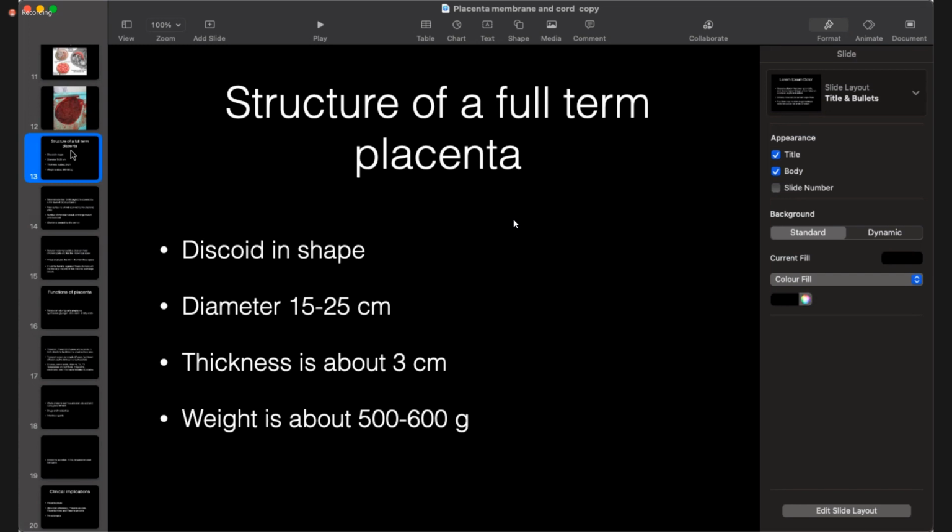If this happens, it remains a high resistance system. This high resistance system will release lots of chemical agents, chemokines, endothelins, and various things into the blood, and the mother in return will develop high blood pressure, proteinuria, and some other endocrine damage.